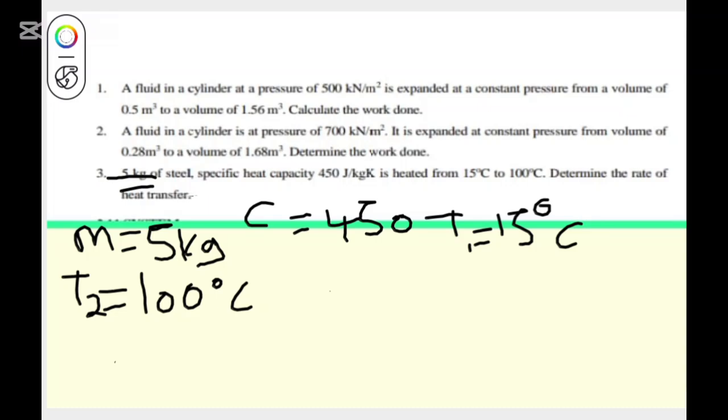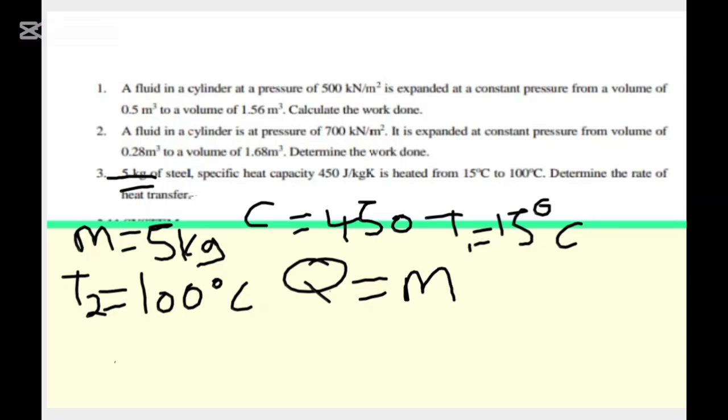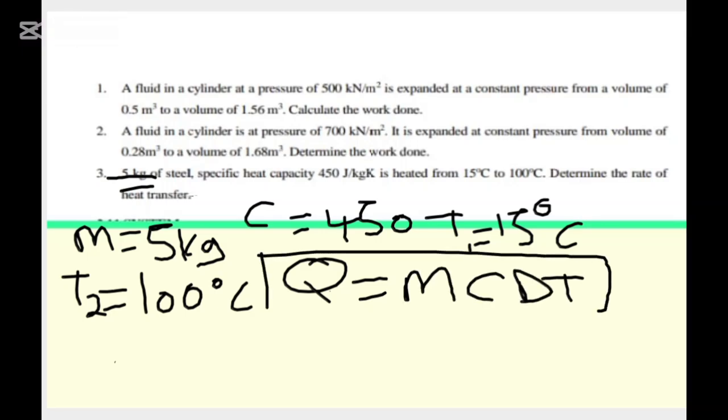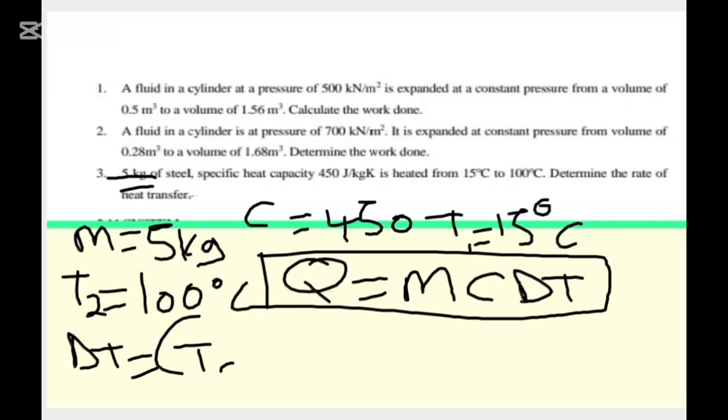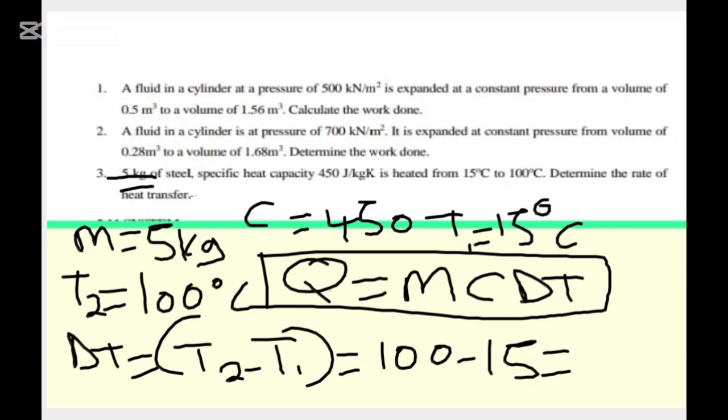So the rate of heat transfer, which is Q, is given by the general formula mC delta T. You have to take note that delta T is the same thing as T2 minus T1, which is 100 minus 15, which is equal to 85 degrees Celsius.